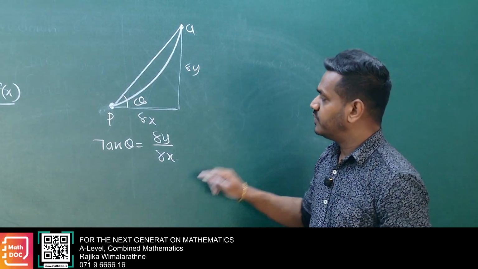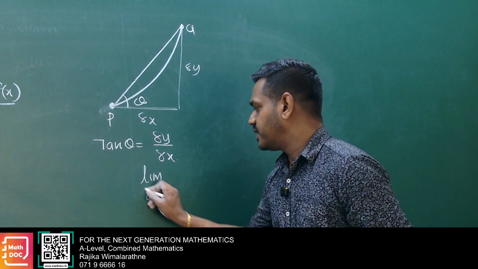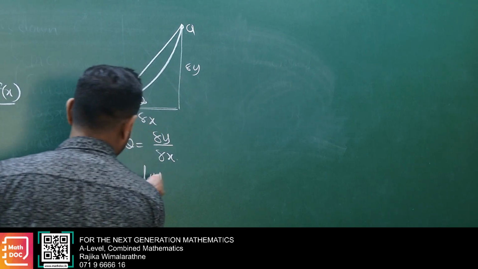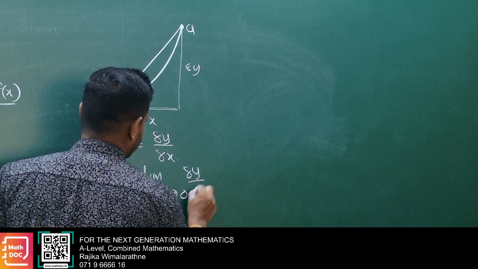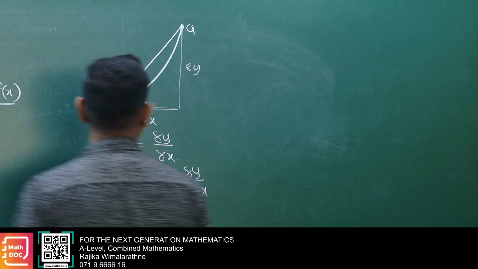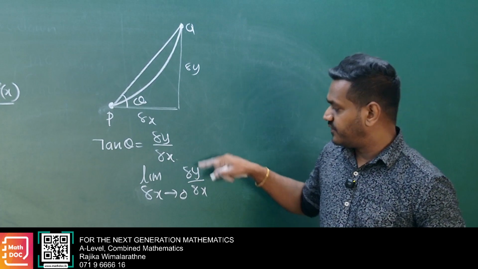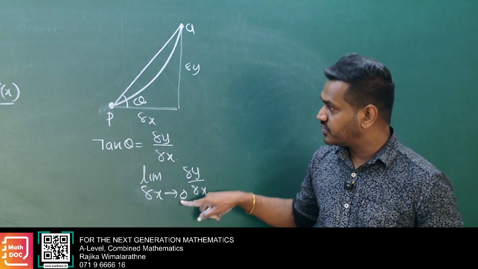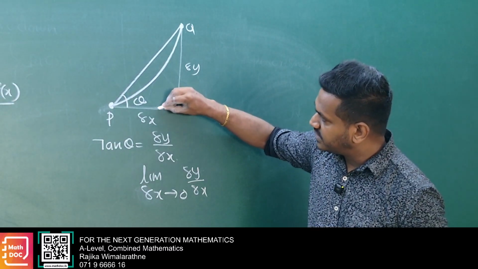Now take the limit as delta x goes to 0 of delta y over delta x. Let's see what will happen. See this one clearly. When delta x goes to 0, it has some value here, so I'm going to decrease that.